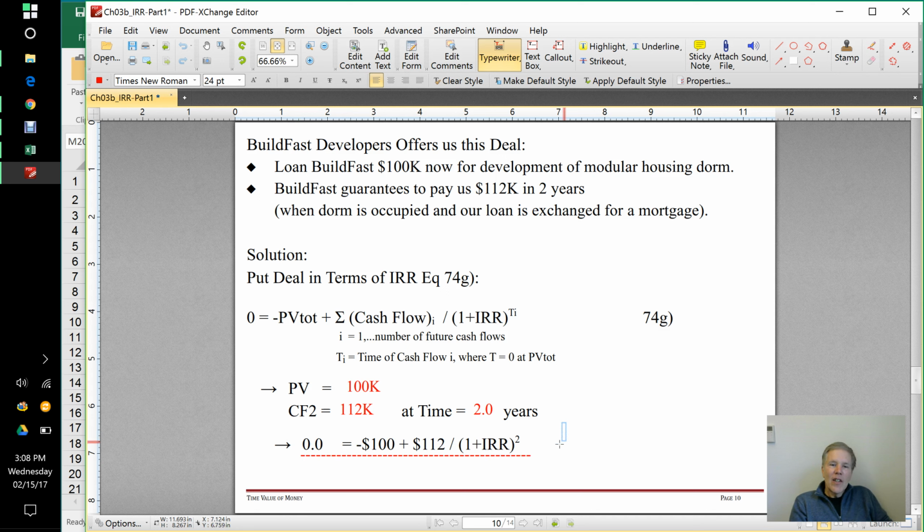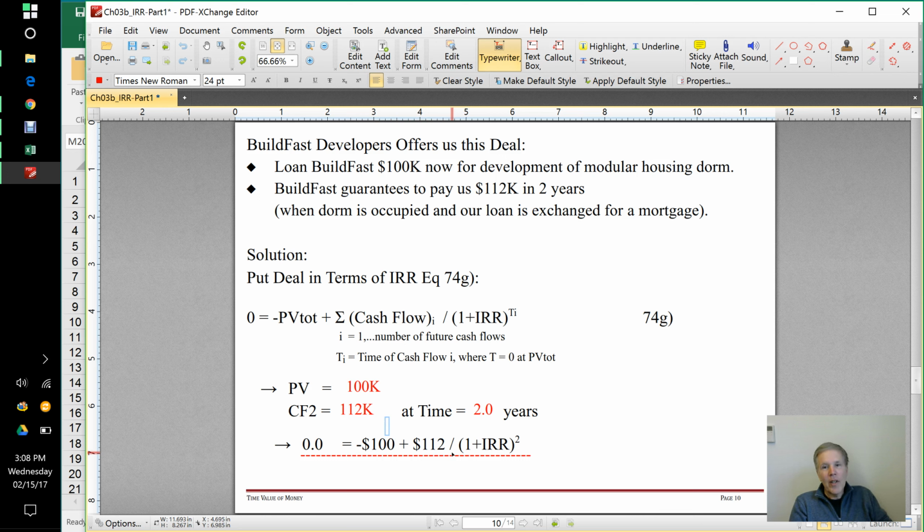One thing you should know mathematically is that this is not going to work algebraically unless we have a negative sign with the PV total and positive signs out here, or vice versa. But the way I like to think of this is the investment at time t equals 0, which is minus 100, plus the positive cash flow we get back at t equals 2, are the two terms we've got here. And that's how I get to the proper algebraic sign.